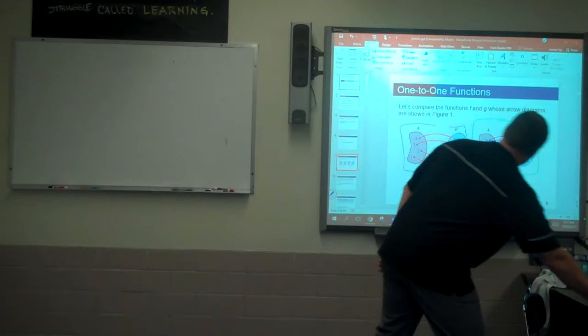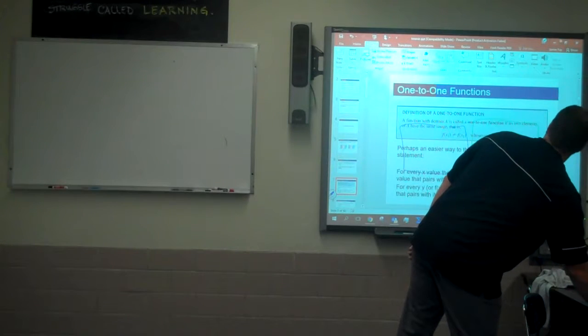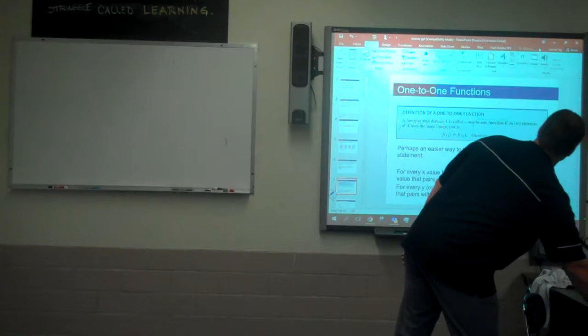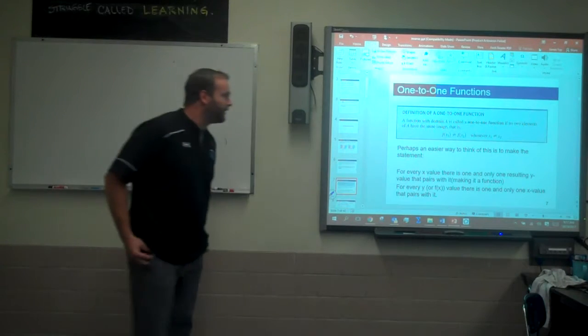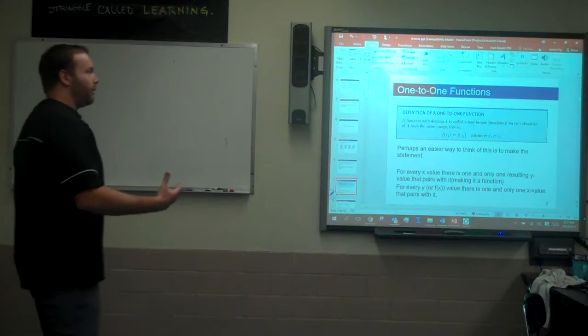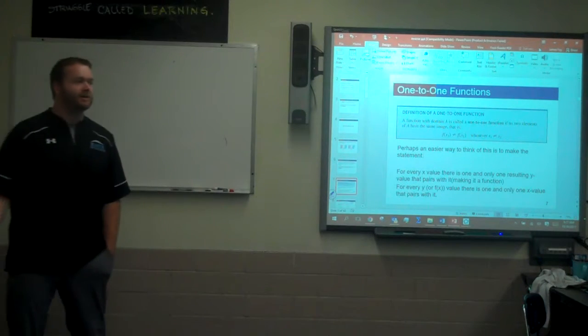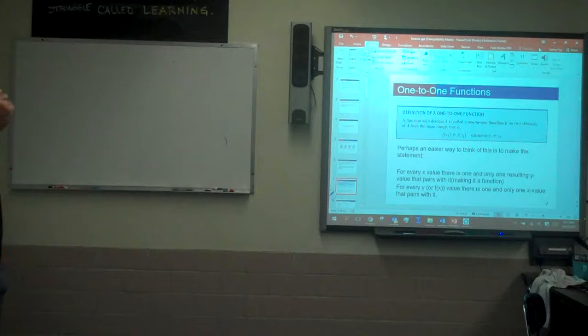The definition of one-to-one functions is written here, and it might be kind of weird to think about how they write this, but it says a function with domain A is called a one-to-one function if no two elements of A have the same image. Elements of A we're going to think about as being our x values.